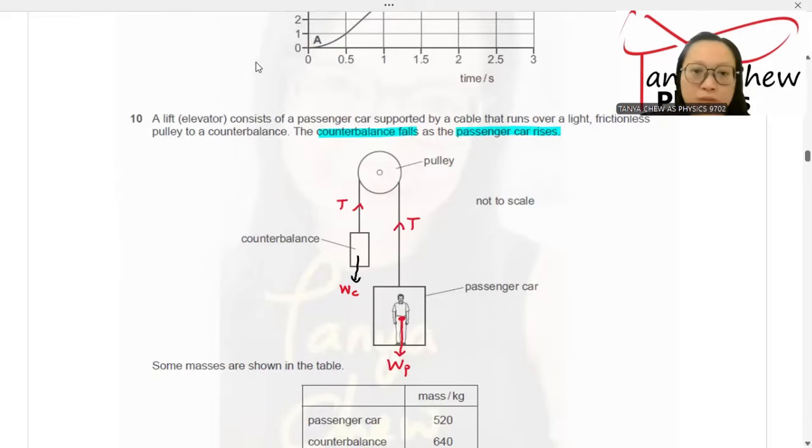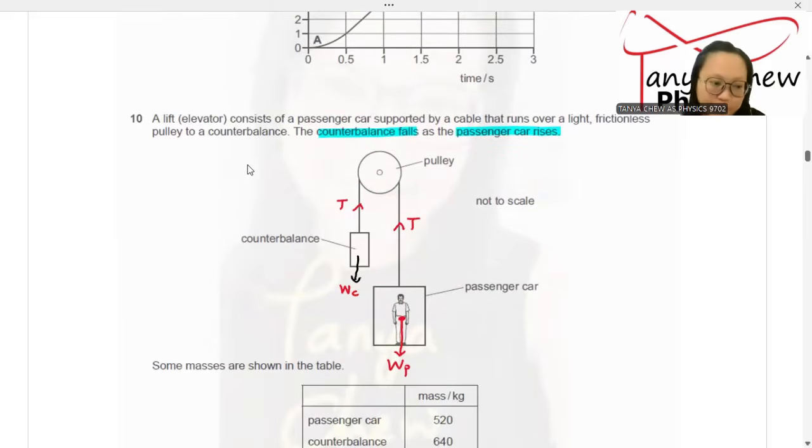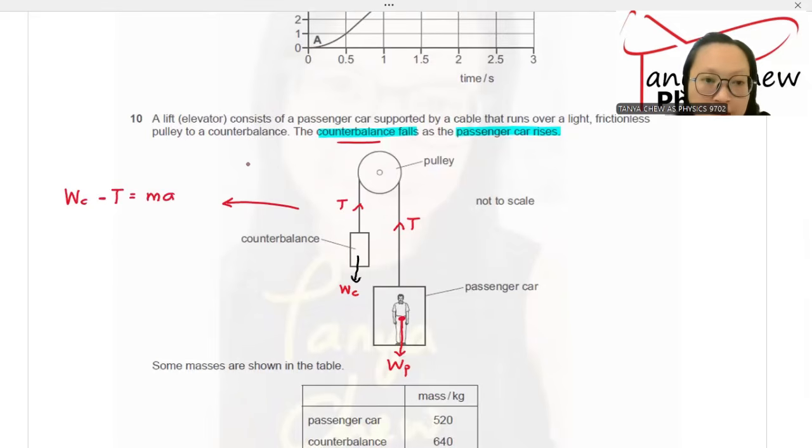Right? Now, I will form equations. I'll form an equation on the counterbalance side first. Remember, the counterbalance falls, which means the weight of the counterbalance must be larger than the tension of the cable. So the weight of the counterbalance minus the tension of the cable is equal to ma. ma means resultant force. I find the resultant force on the counterbalance side.